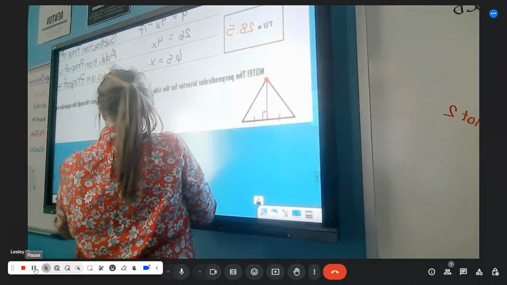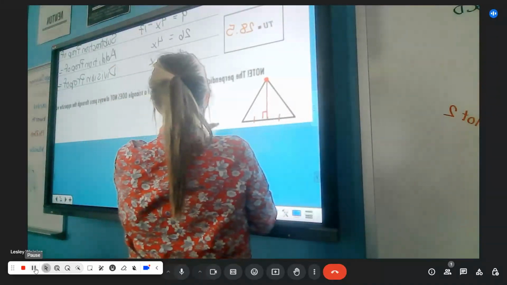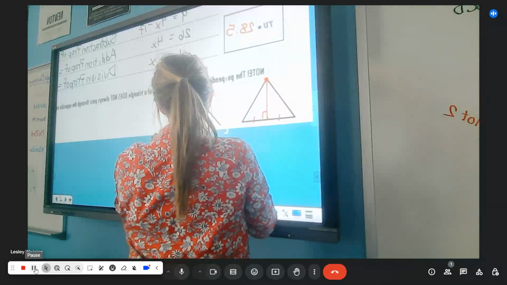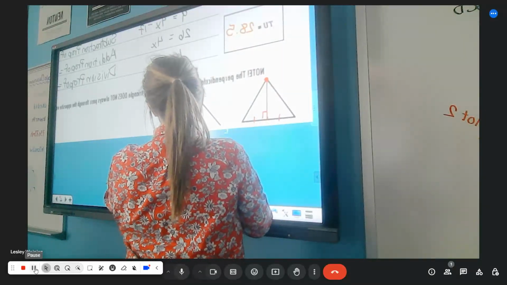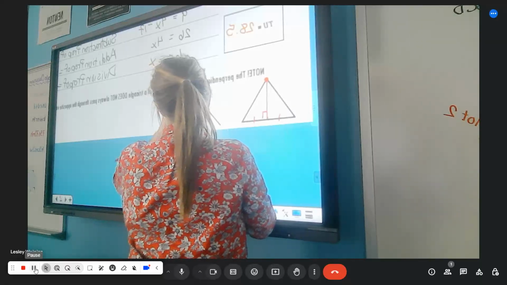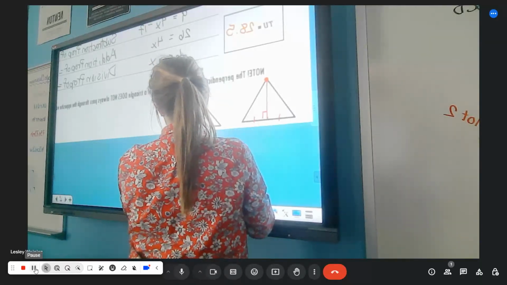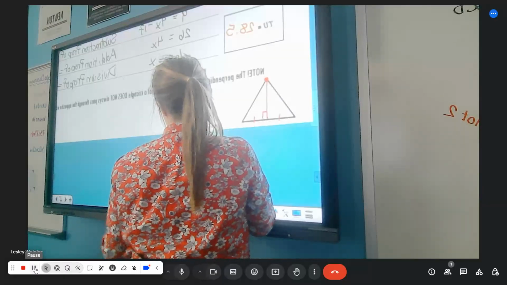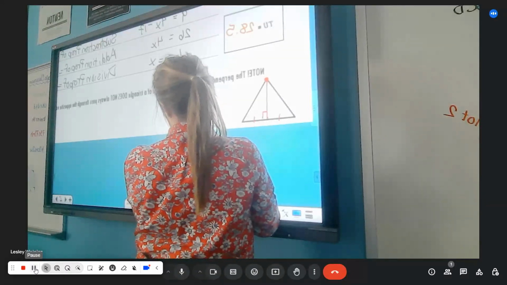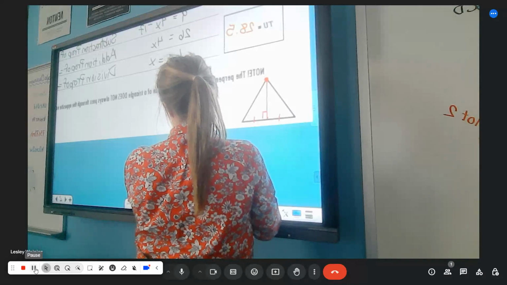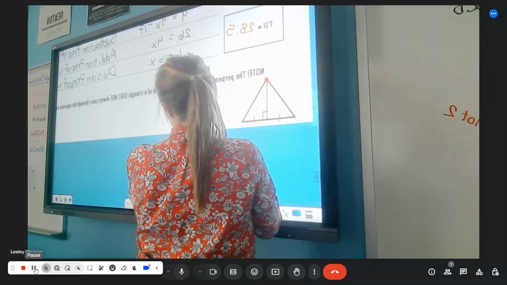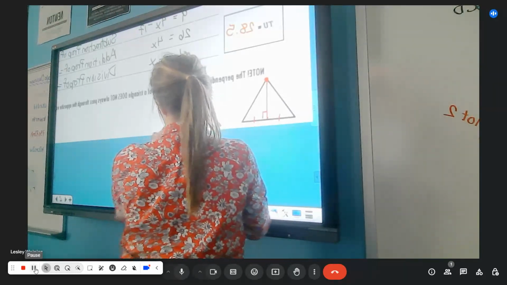Okay, sometimes, a lot of times actually, we'll have triangles that are doing other things. Like this. Okay, so the perpendicular bisector for this side goes like that.